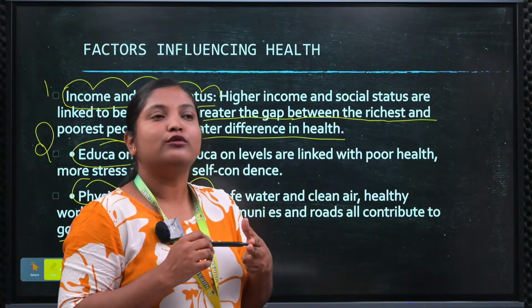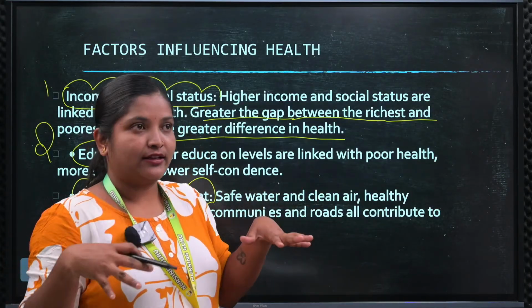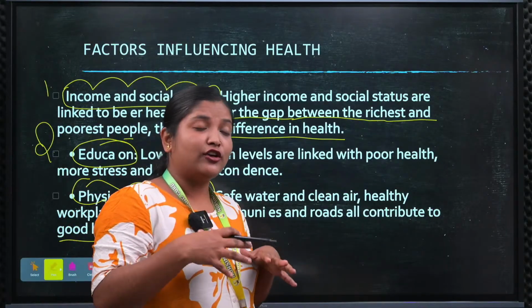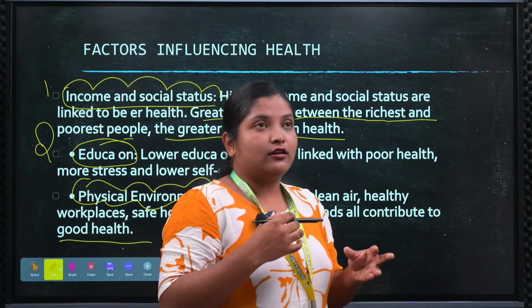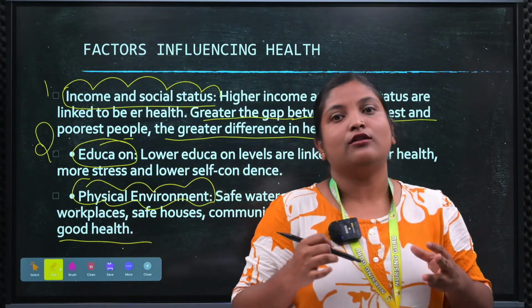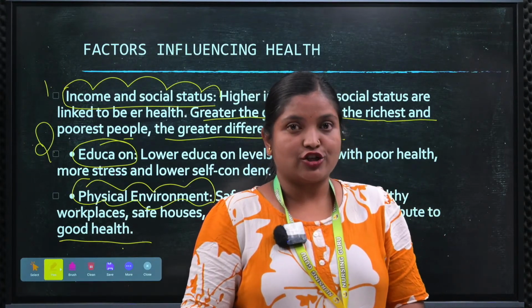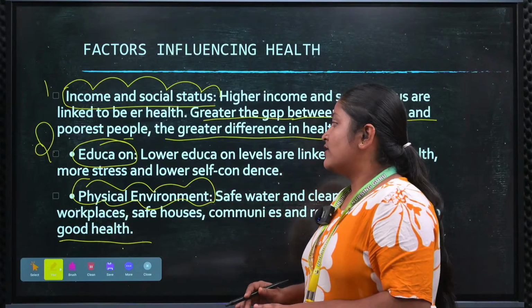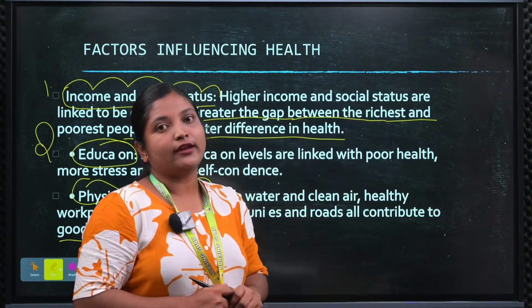You have to clean your kitchen, your area, your surroundings; your environment should be clean, your mood should be clean. If you are maintaining cleanliness in the home, it means definitely you are away from disease conditions. That is why the physical environment is very important to obtain good health.